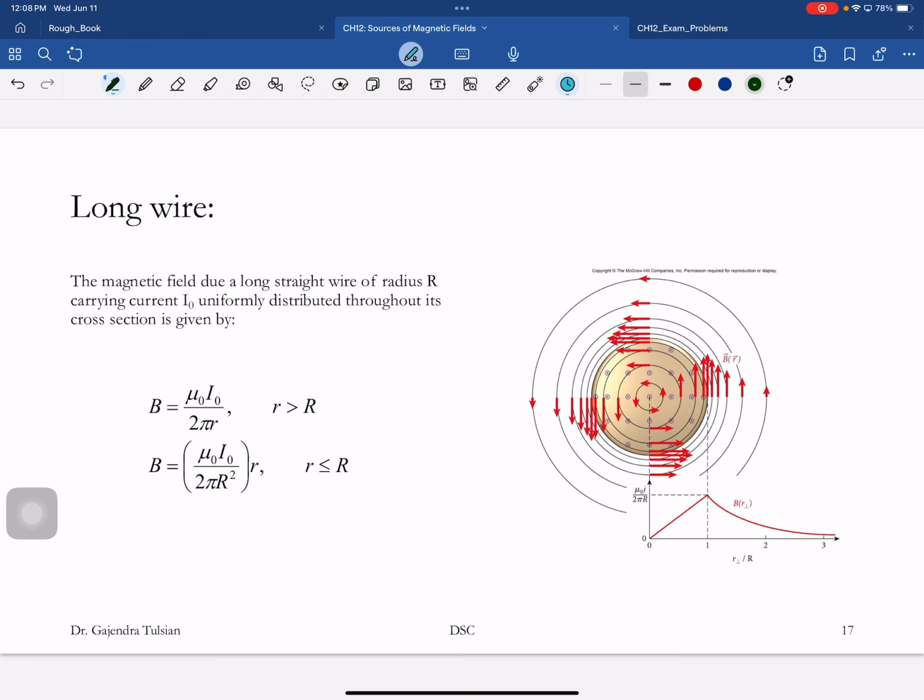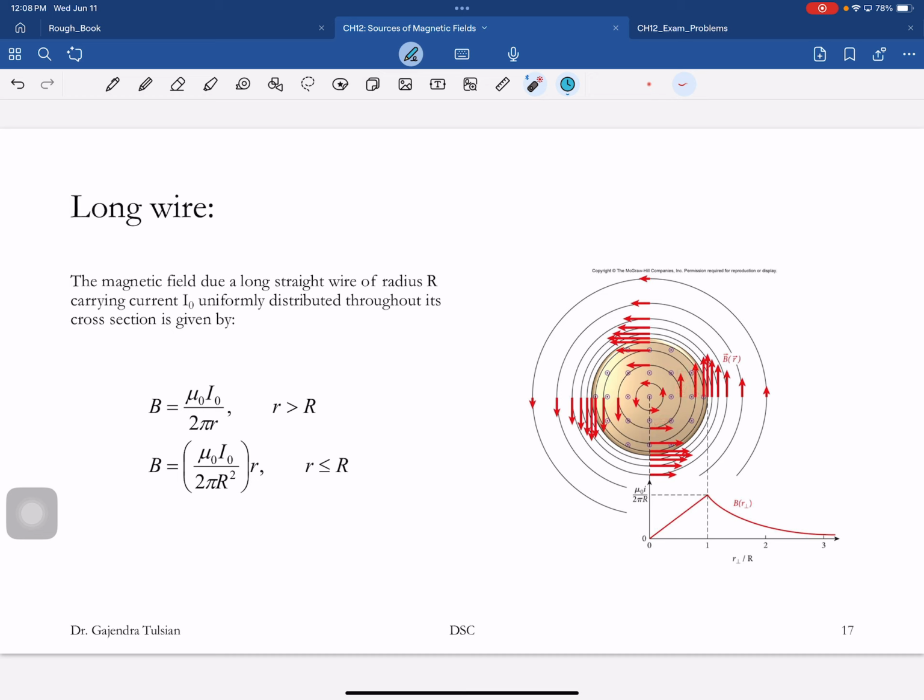So here's a thick wire. The current is coming at you. Again, to figure out the direction, stick your thumb in the direction of the current, and your fingers point in the direction of the magnetic field. At the center, the magnetic field is 0, and as you go further away, the magnetic field gets stronger and stronger.